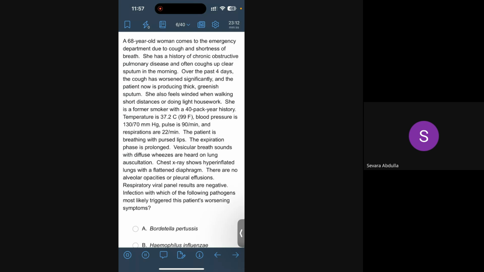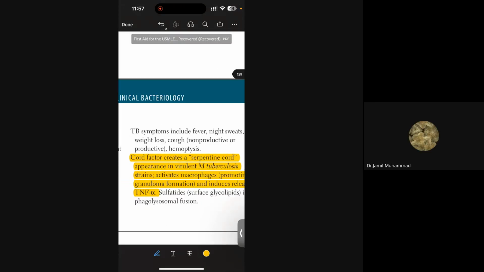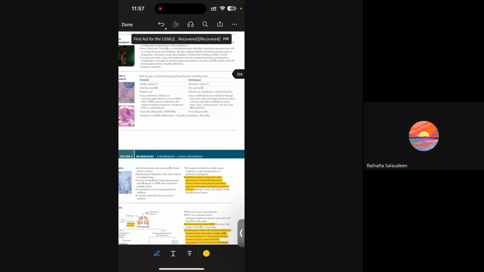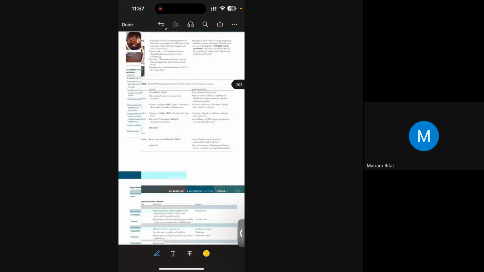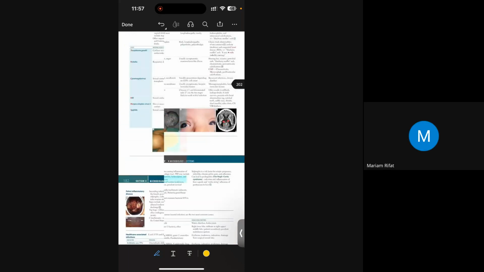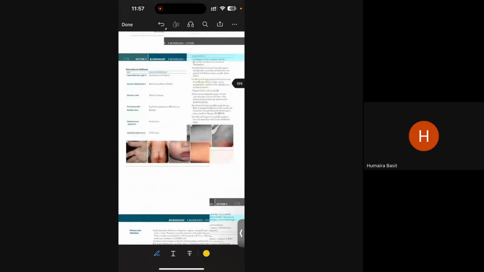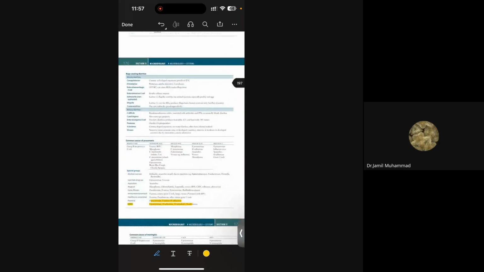Infection with which of the following pathogens is most likely to trigger the patient's worsening symptoms? Which bacteria can cause the exacerbation of COPD? What is the name of those bacteria? Staph aureus and Pseudomonas, H influenzae. Haemophilus influenzae, yes. Superimposed infection with Haemophilus influenzae, and Staph aureus also.